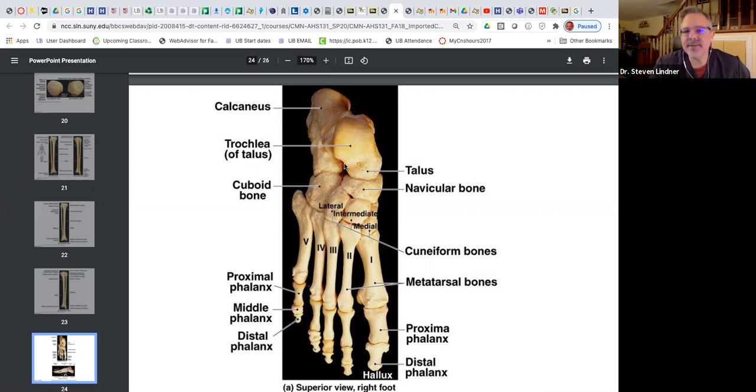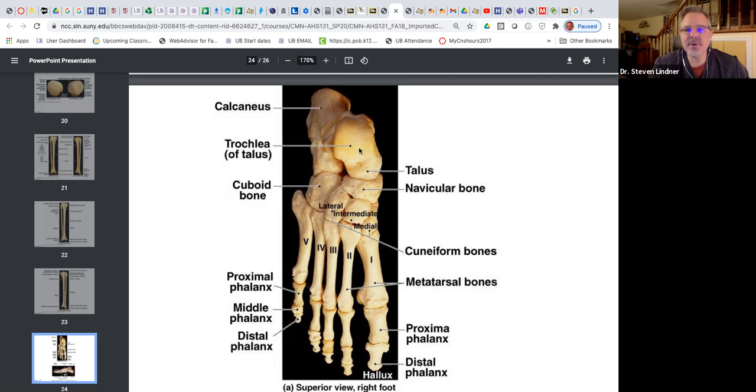In the foot, there are 7 tarsal bones, and they're not arranged in those 2 rows. They're arranged differently. There are, however, 1, 2, 3, 4 of them distally, and then these 3 are oriented posteriorly.